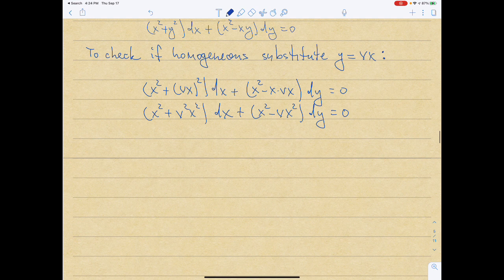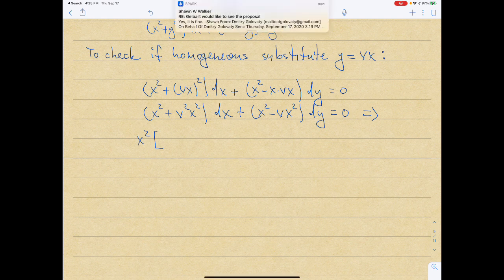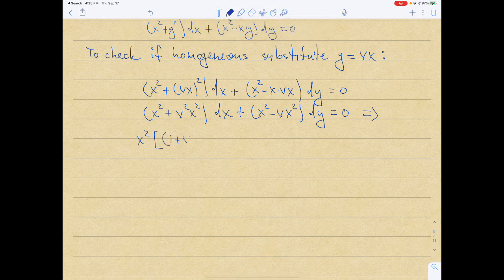So I can pull it out to have x squared times (1 plus v squared) dx plus (1 minus v) dy, and this is equal to 0.